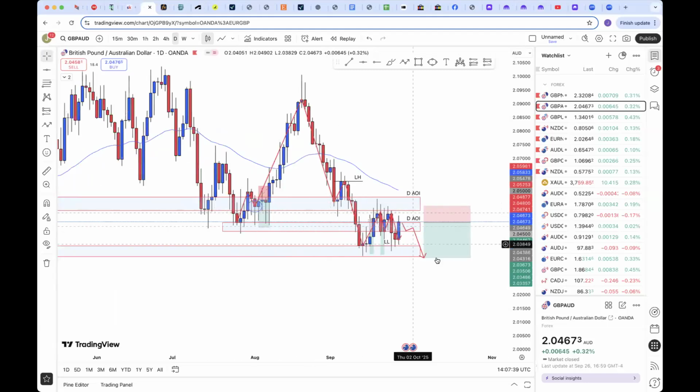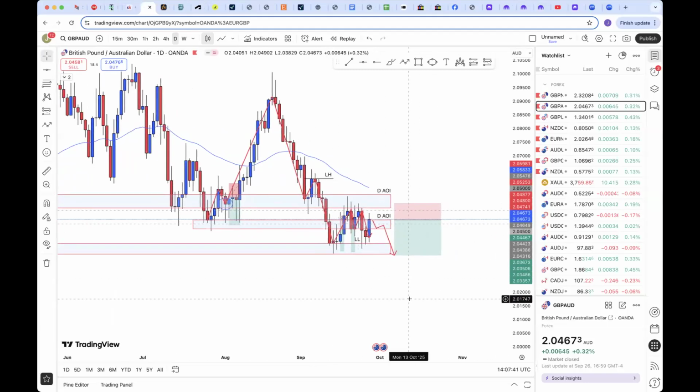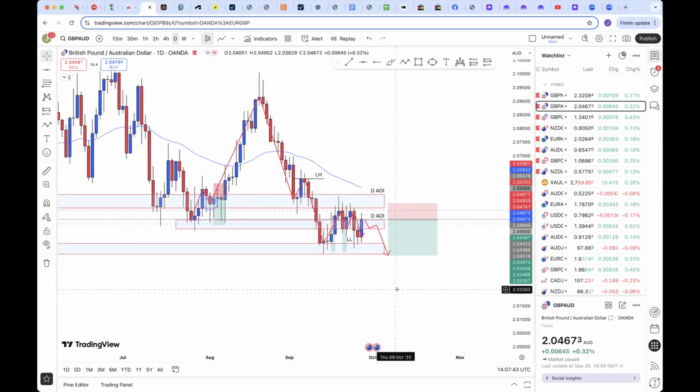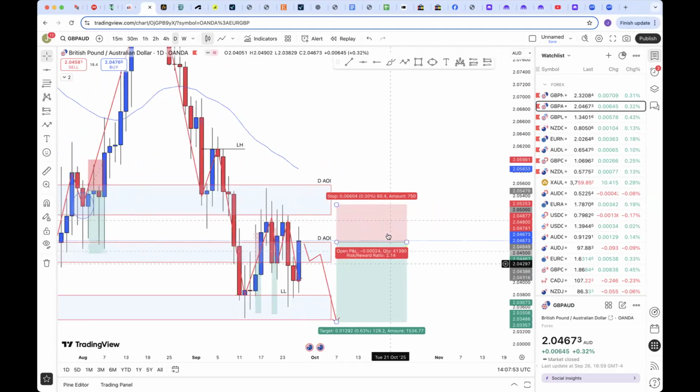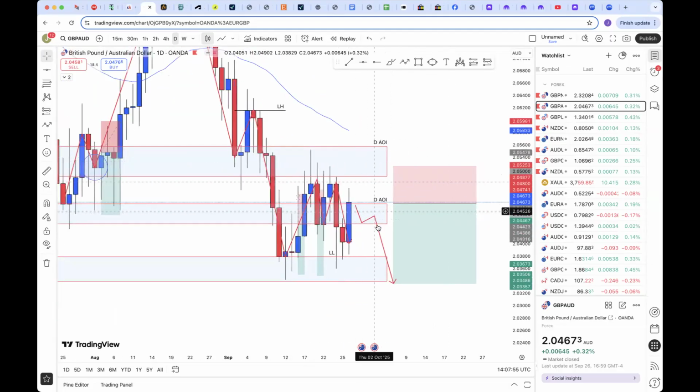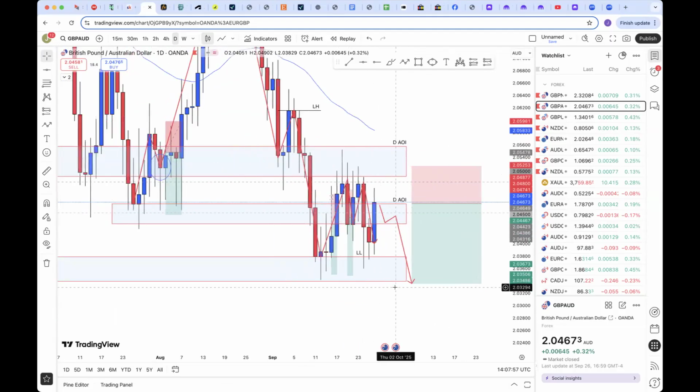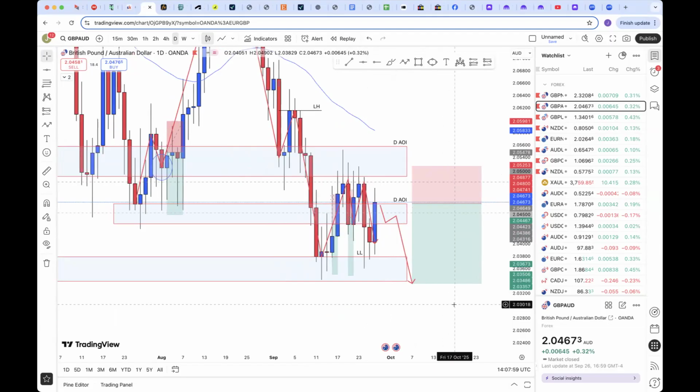On the daily, we all have been following this head and shoulder as well. It's been retesting the same area twice. So I am expecting to then break through this daily area of interest here to then sell. Do you guys agree? Do you have the same pair?